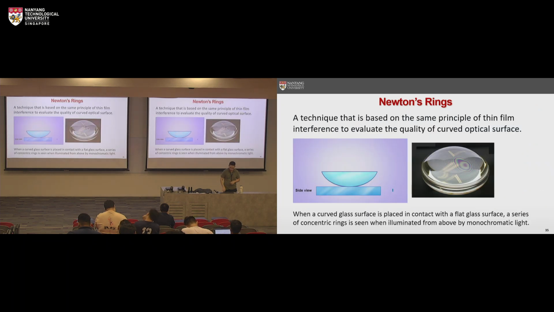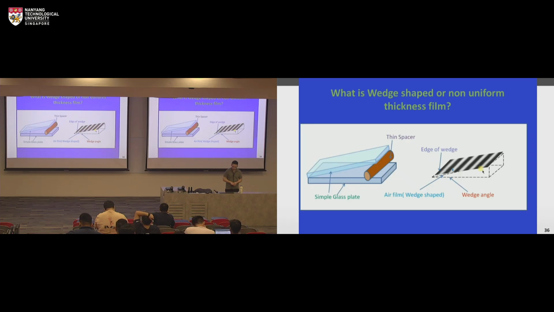Okay, so again, in daily life, we actually see this very commonly. You can see this pattern, which we call Newton rings. This is a result of interference. And then in your tutorial, you also will see this question.